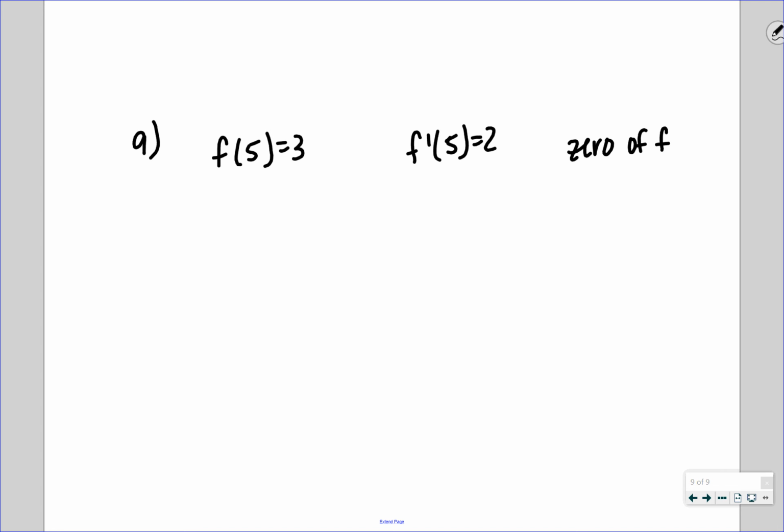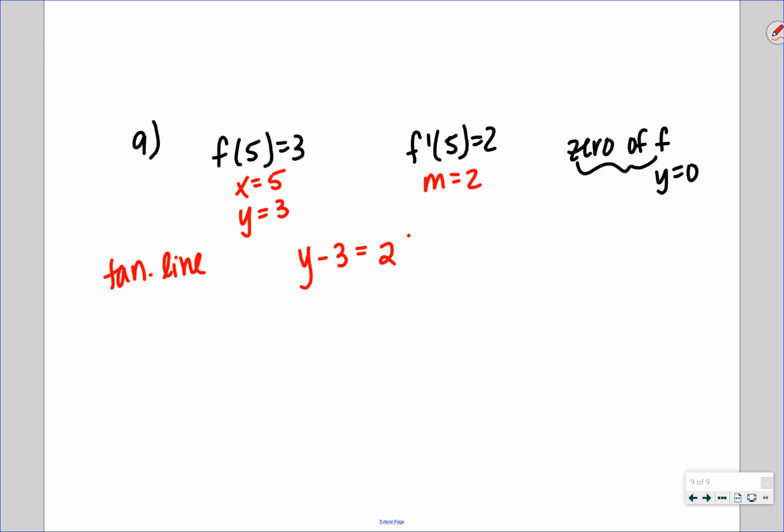So that means that eventually, if f is 0, I have y equals 0. So what I know here from this information is that x is 5, y is 3, and my slope at 5 is 2. So if I want to write the equation of the tangent line, y minus y1, y minus 3 equals m, 2, times x minus x1.